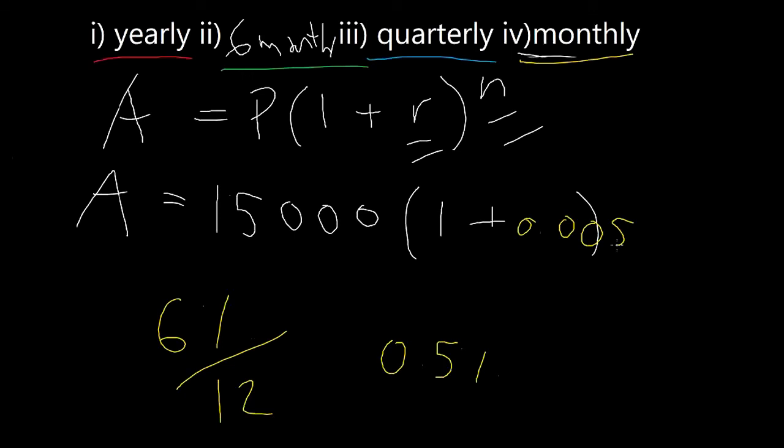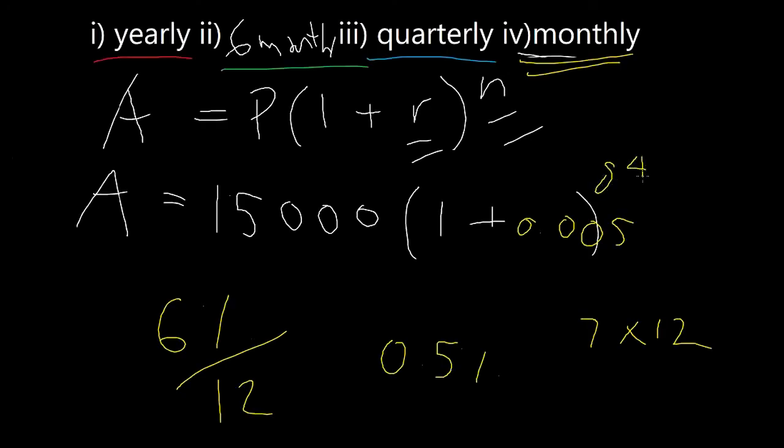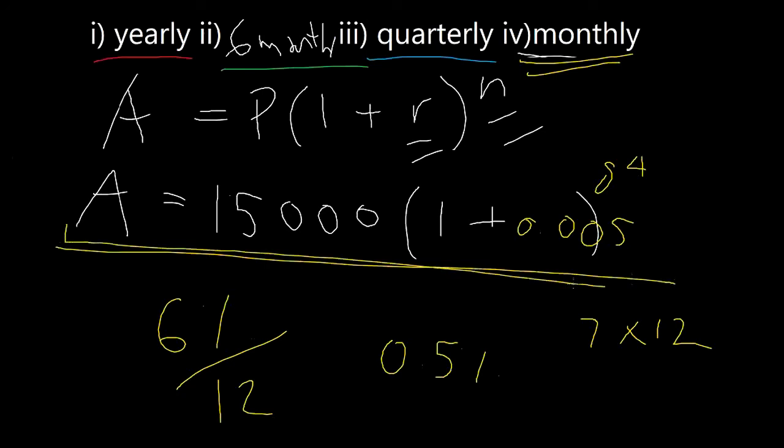And we're going to find out how many months there are in 7 years. So we're going to do 7 times 12, which is going to give us 84, and you can put that in your calculator to get your A, and you should be able to get the rest of the answers. So that's it for exercise 2.05, and we'll be going into depreciation in the next episode.